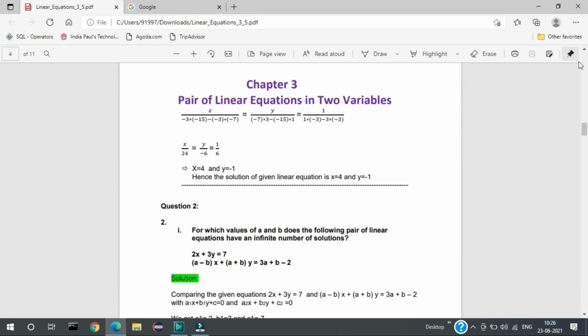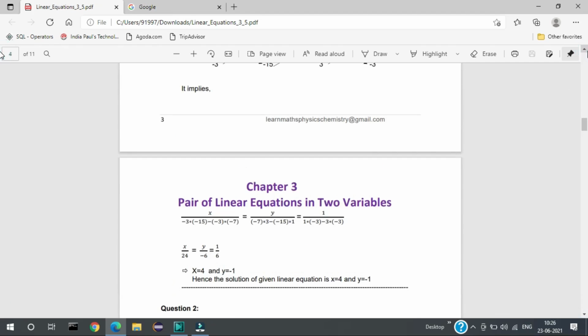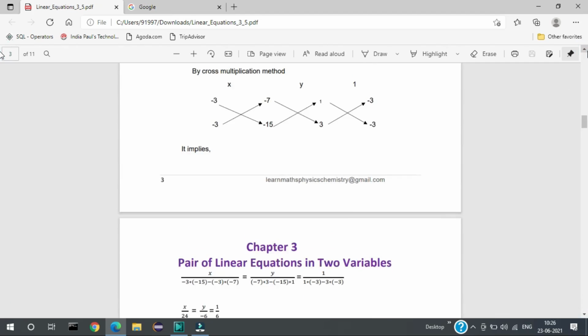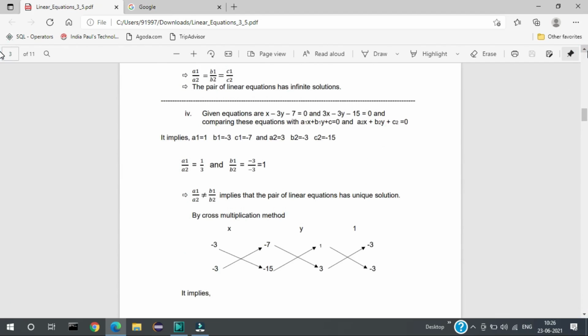So next one is fourth one. Given equations are x minus 3y minus 7 equals to 0 and 3x minus 3y minus 15 equals to 0. So these two equations are given for us.